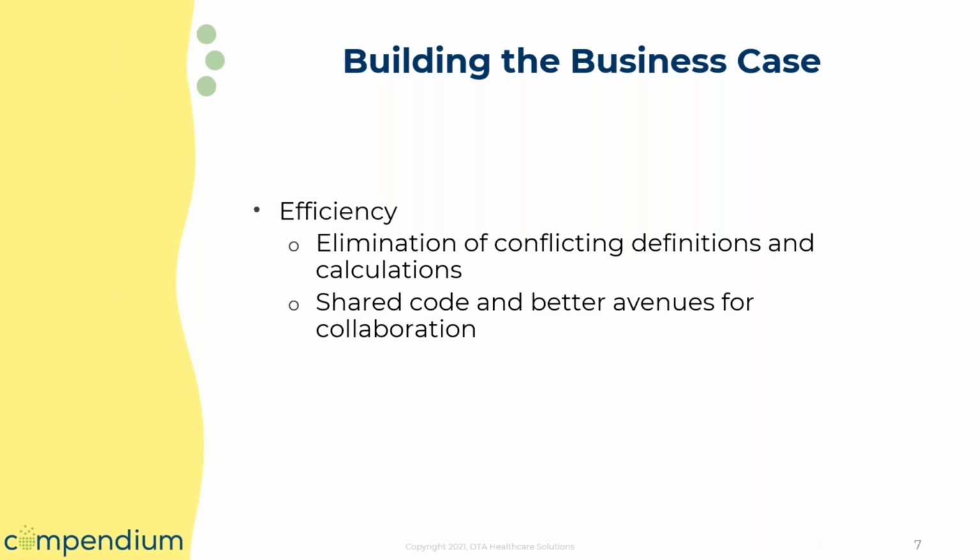Shared code, better avenues for collaboration. What that's saying is, when your report writers, data analysts, data scientists, and data warehouse team are all looking at the same code and sharing code with each other, they become much more efficient.